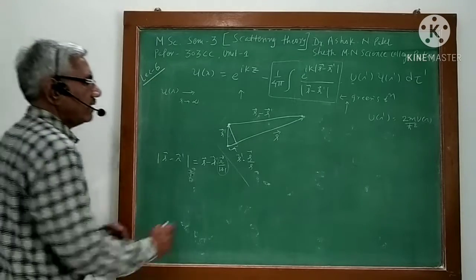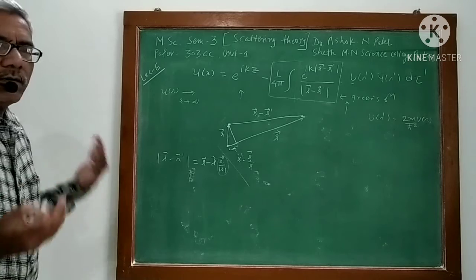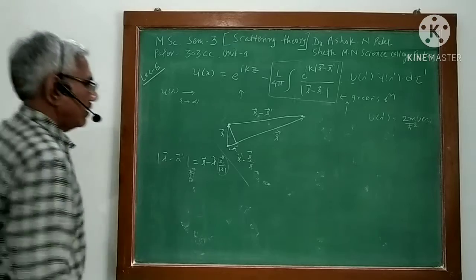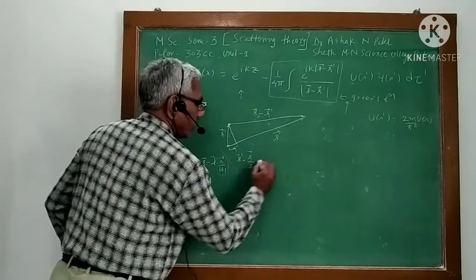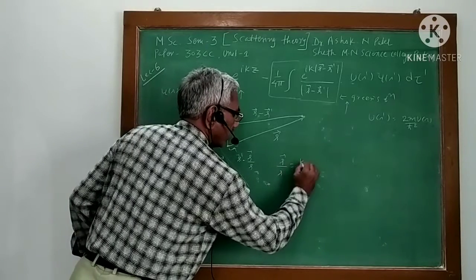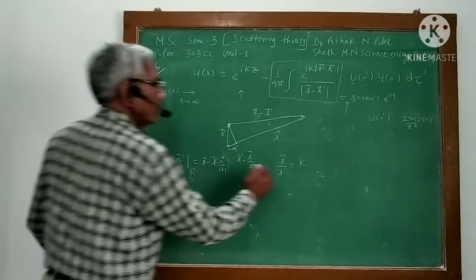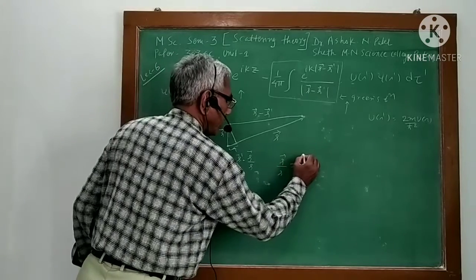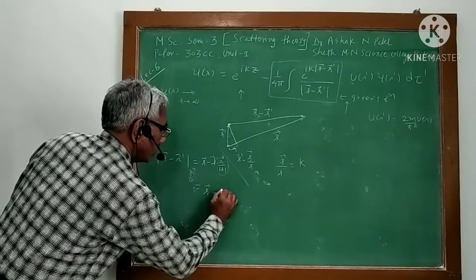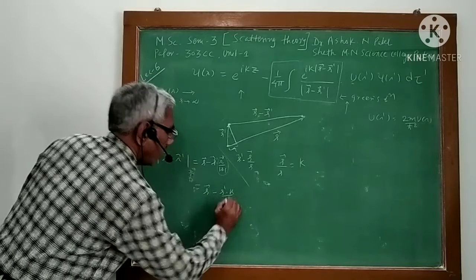So if I say that in this direction, the propagation vector k, suppose I represent r upon r by unit vector k, then I can write r minus r dash dot k.